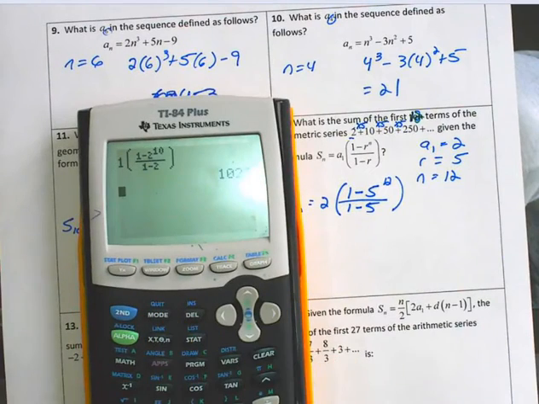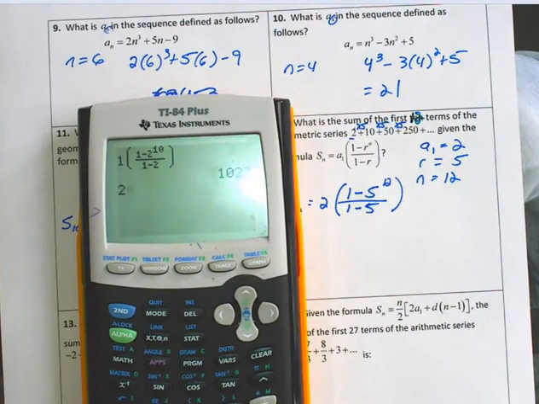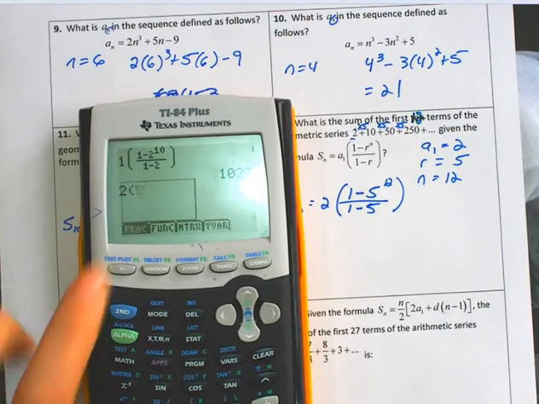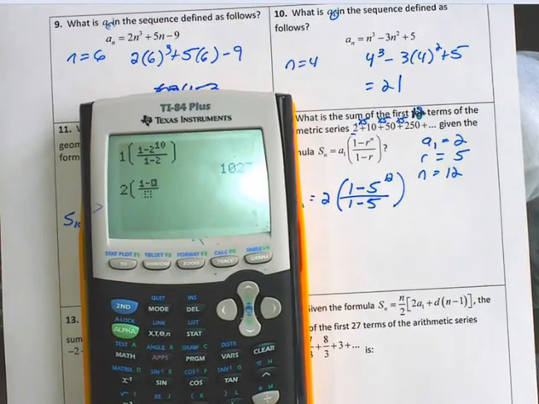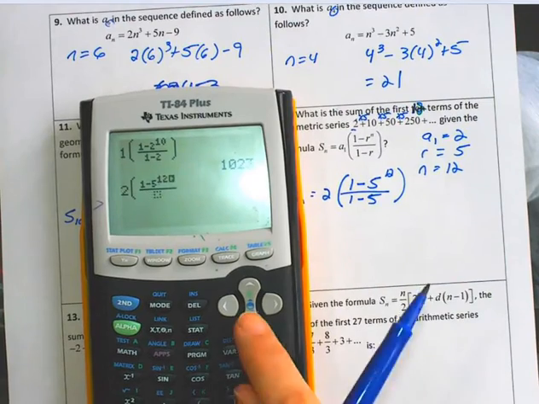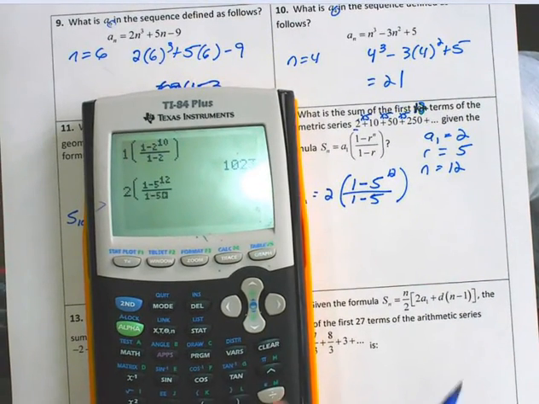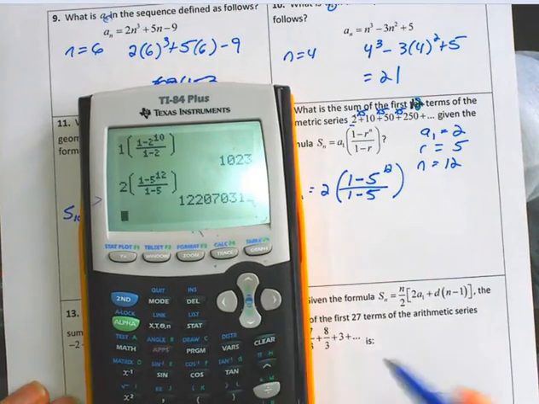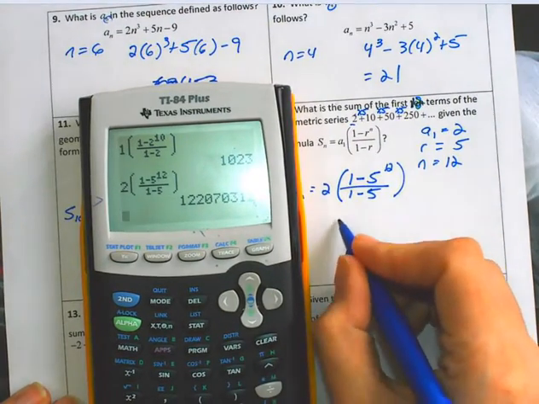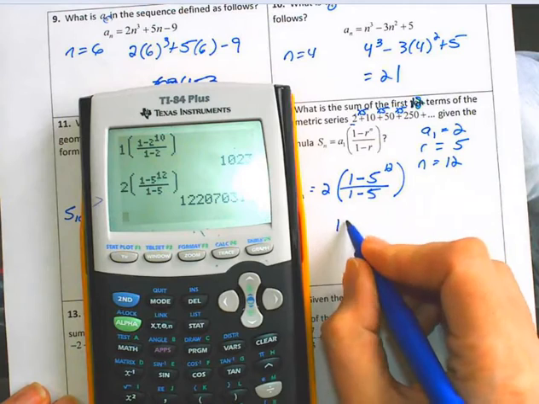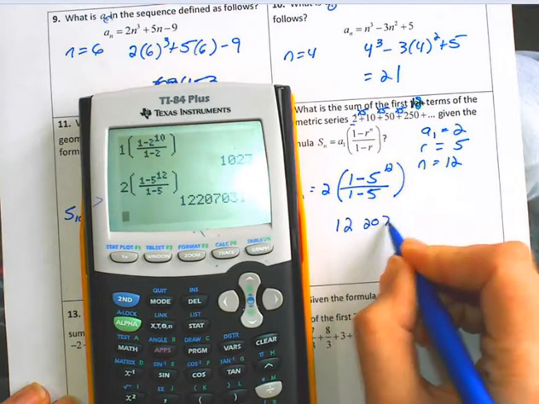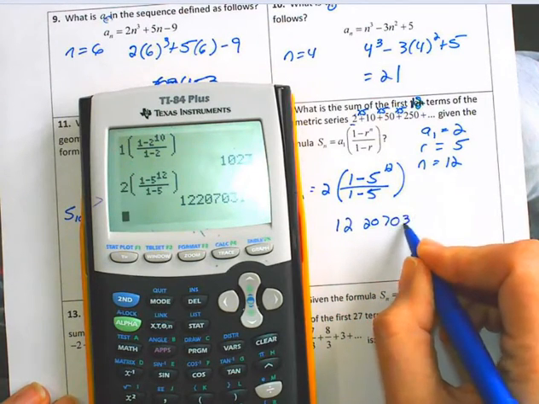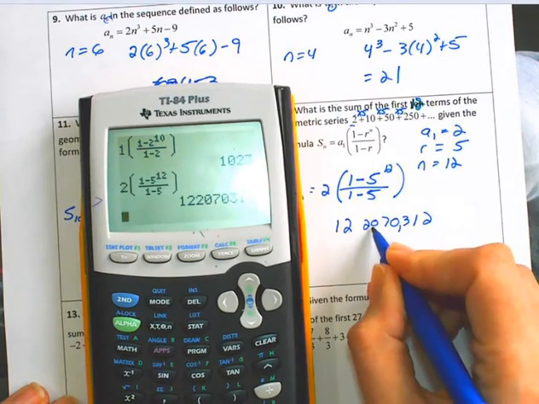So instead of just adding them all up, we're just going to plug it into that formula. So 2 times parentheses 1 minus 5 to the power of 12 over 1 minus 5. Enter. Big number. So 1, 2,207,0312.